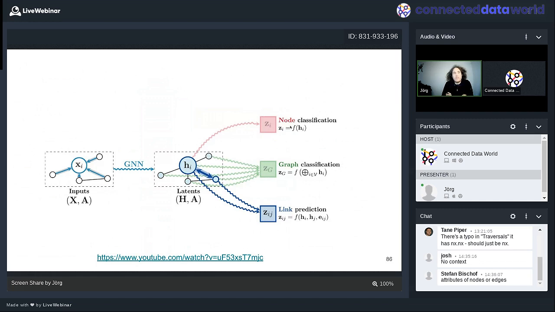So we can use our graph neural network to create embeddings which are good for node classification or link prediction, trying to predict missing links within our graph. How you can view graph neural networks is that it basically creates a latent representation of our graph. And that might then have certain connections which are not there. So it's a transformed representation of our graph, potentially also with different weights, with different properties we just try to predict.